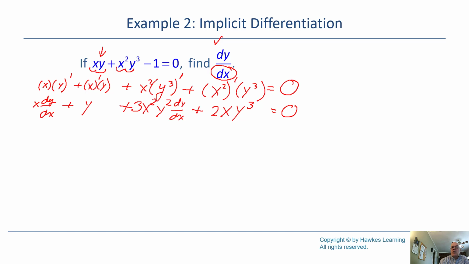Now the key here is we want dy dx. So we're going to keep the terms that have dy dx on the left side, move the other ones to the right side.